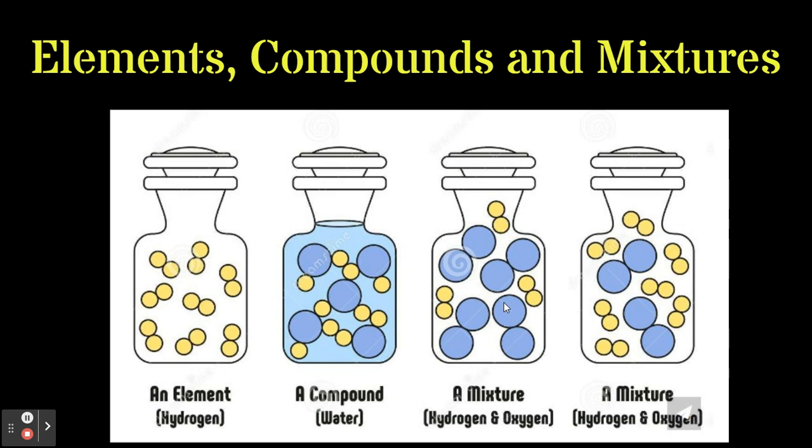There's been no reaction. So we can still separate these. You see here that the oxygen are bonded with each other, same size, same shape. And then the hydrogen are also bonded to each other, same size, same shape.